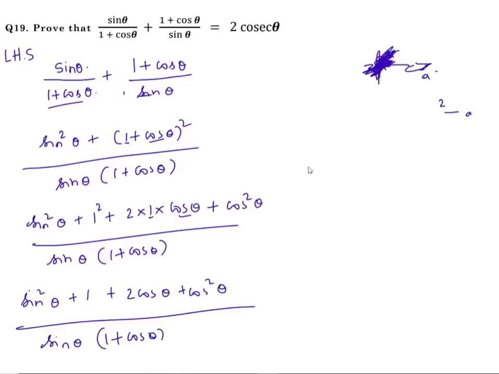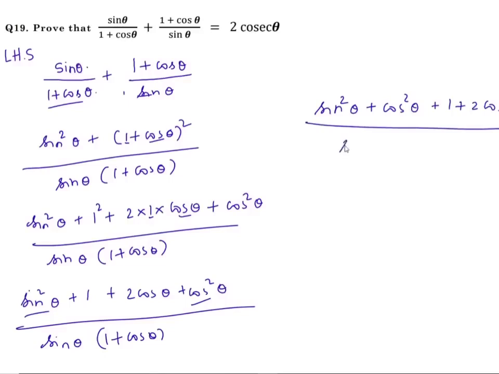Now arrange the terms. I'll write sin square theta plus cos square theta together, sin square theta plus cos square theta plus what is remaining, it is 1 plus 2 cos theta, divided by sin theta into 1 plus cos theta.